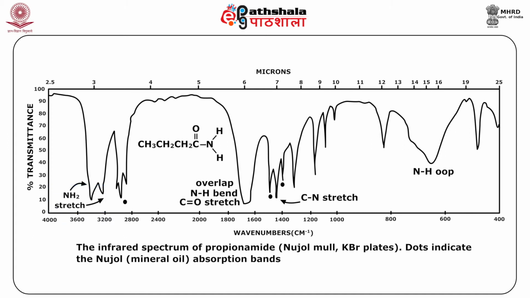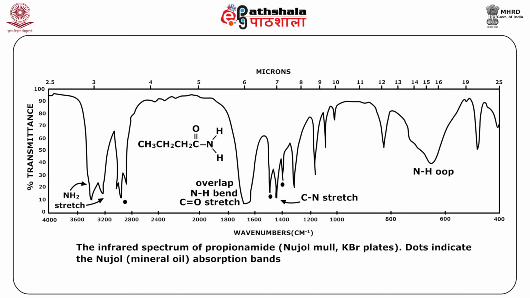In dilute solutions, due to lowering in the degree of hydrogen bonding, the absorption bands shift to higher frequency at 3500 cm inverse and 3400 cm inverse respectively. They also exhibit C double bond O stretching at 1680 to 1660 cm inverse, which belongs to the amide 1 band, and NH bending at 1650 to 1620 cm inverse, which belongs to the amide 2 band.